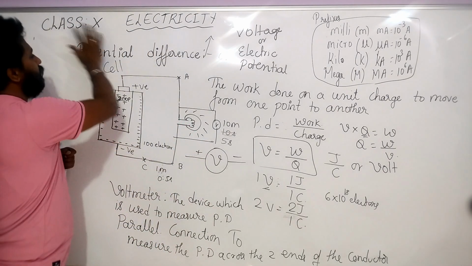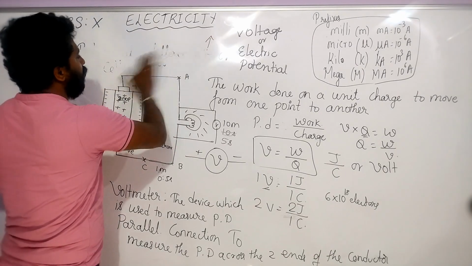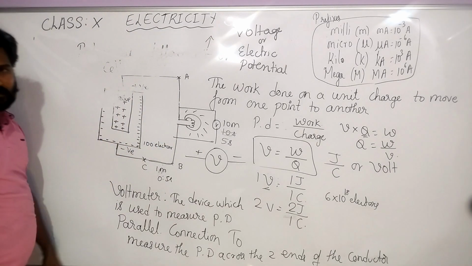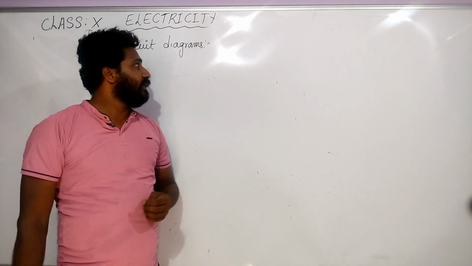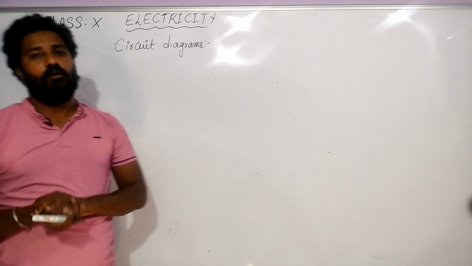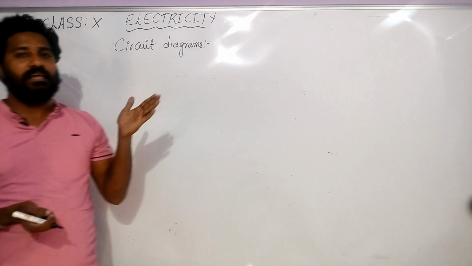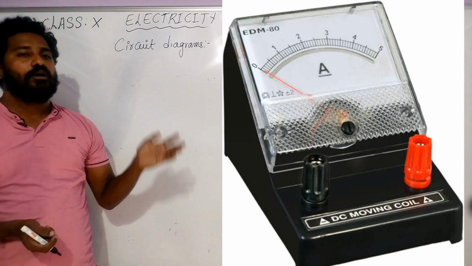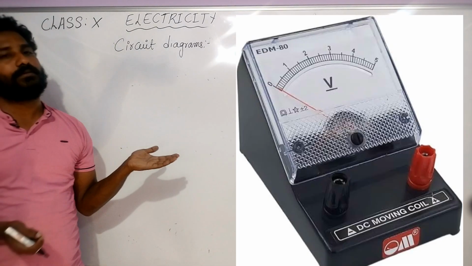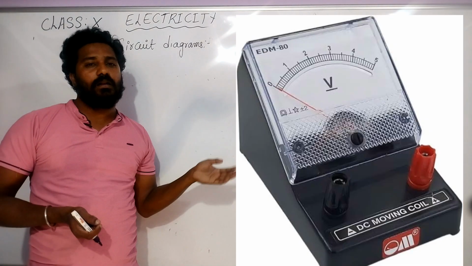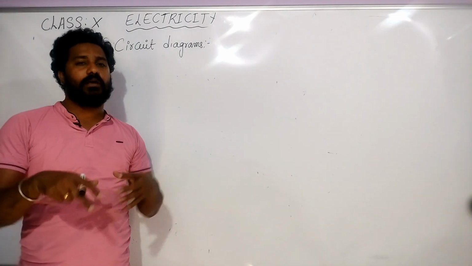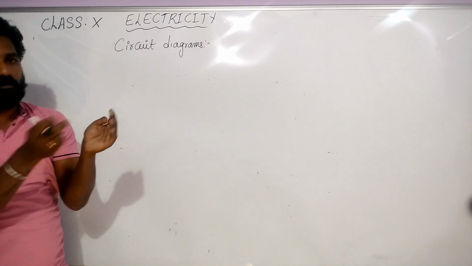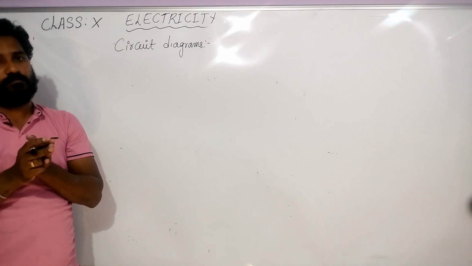And the next topic we are going to discuss is circuit diagrams. Suppose an ammeter is like this, a voltmeter is like this, and a bulb is like this. Whenever we are doing experiments, we cannot put them like that itself.